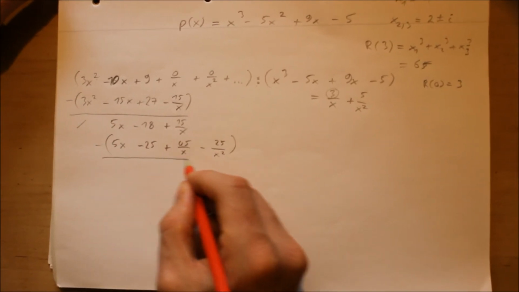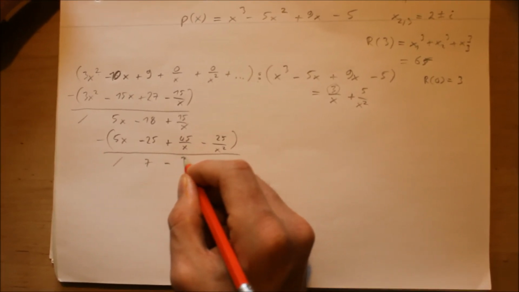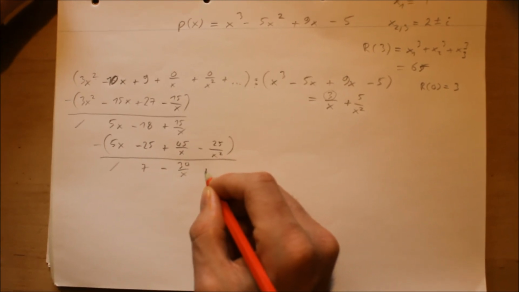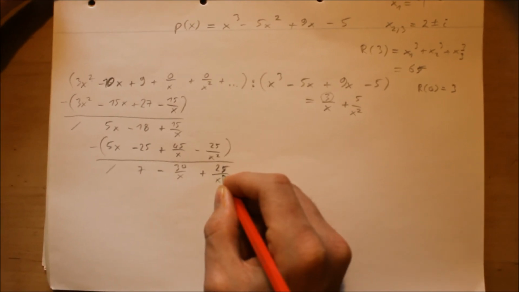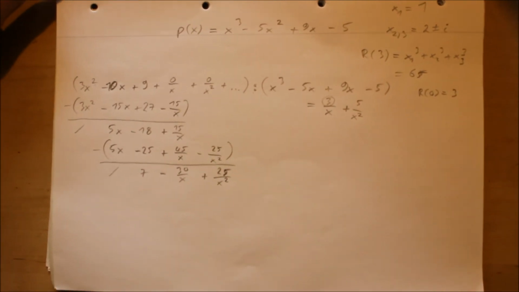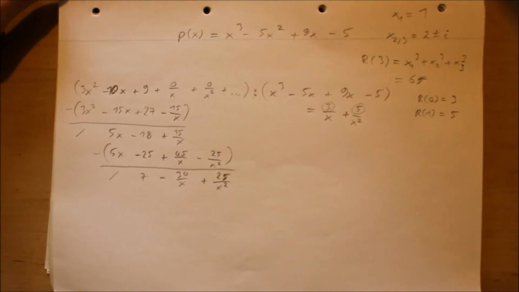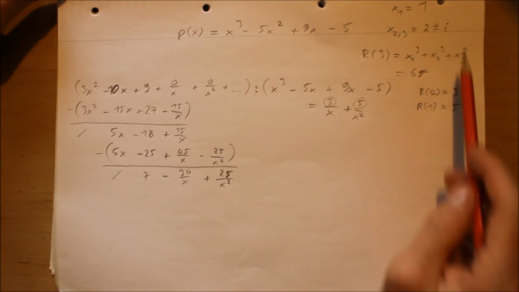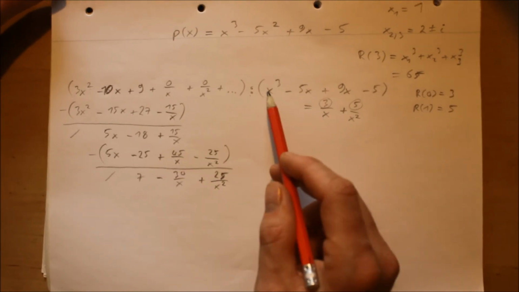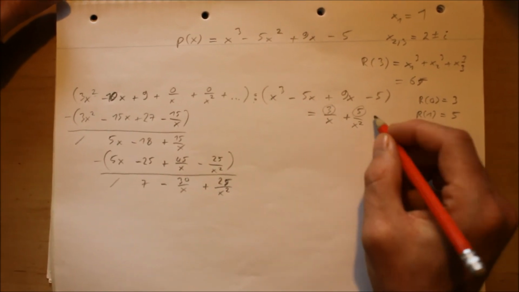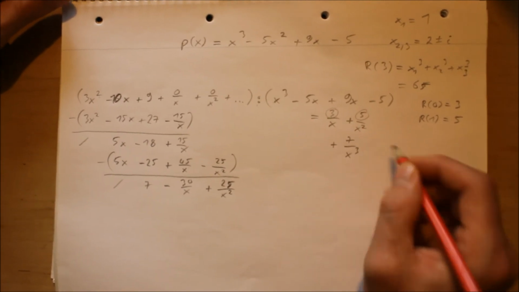We subtract that, the first term cancels out, and we are left with 7 minus 30 over x plus 25 over x squared. So the 5 is R1, and you can see easily that, yeah, this is correct. So the next step is 7 divided by x cubed, plus 7 over x cubed.